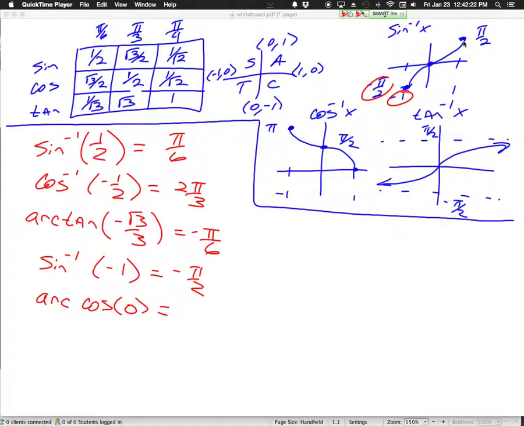My 0 is right here, so my y value at 0 is pi over 2, so my answer is pi over 2. So there are just the straight up evaluating inverse trig functions. Now let's look at the combinations.